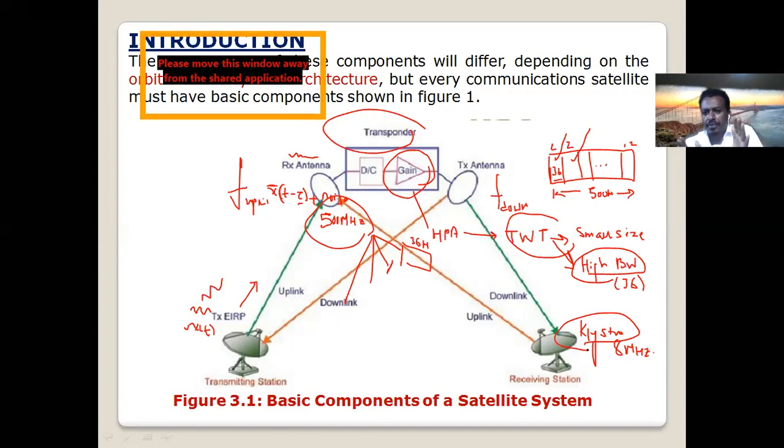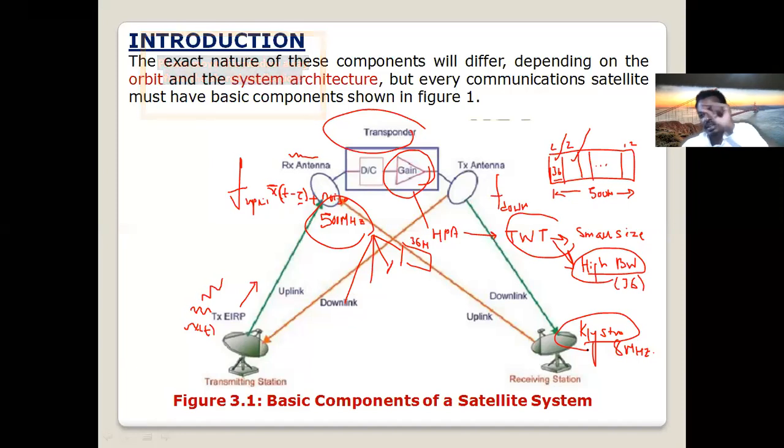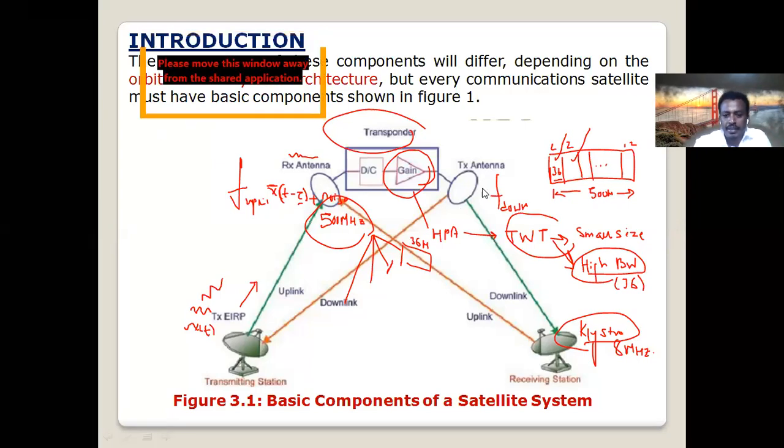It's enough to amplify one carrier, 36 megahertz. So how many TWTs are needed in the satellite? 12. One carrier of 36 megahertz is amplified by one TWT. Another carrier is amplified by another. After amplification, all these channels are combined together and retransmitted back to the Earth.